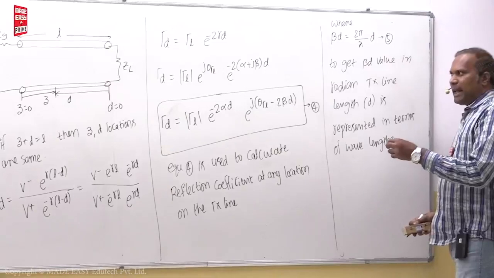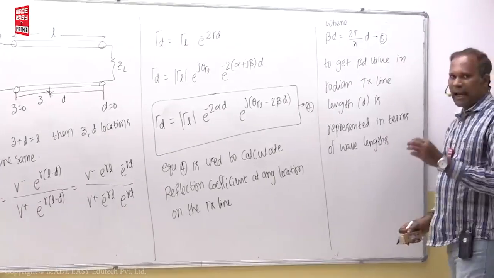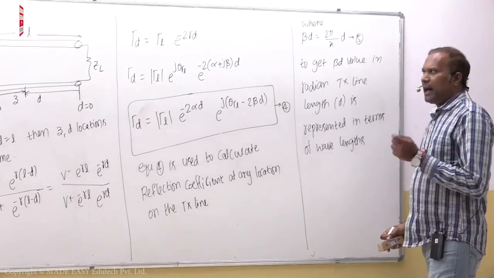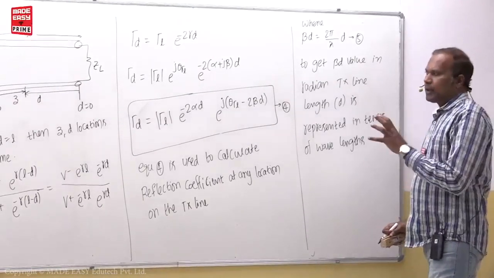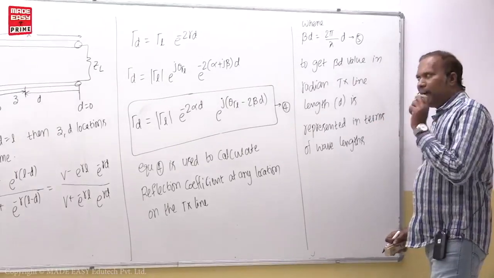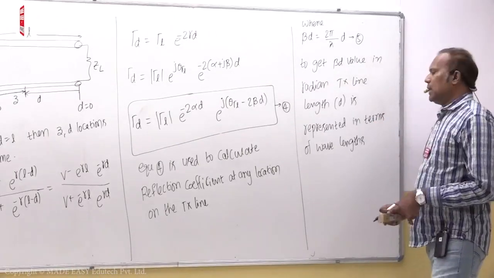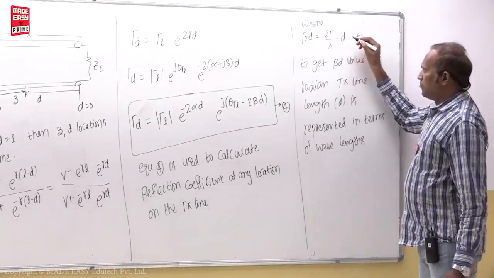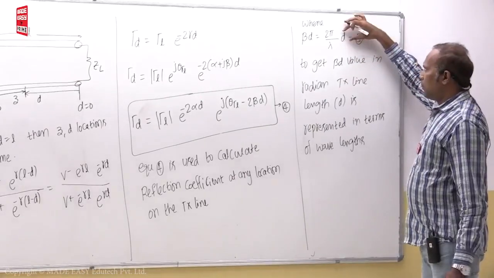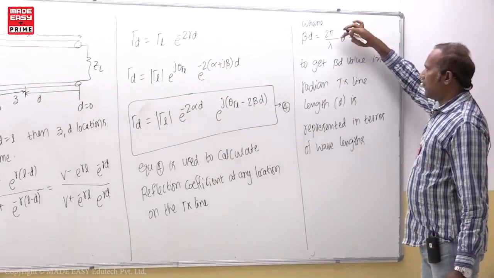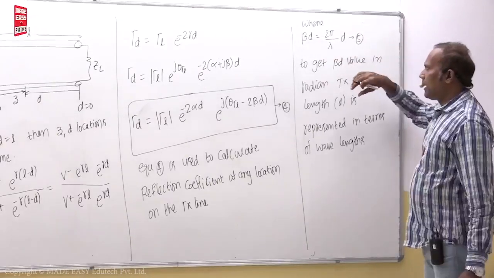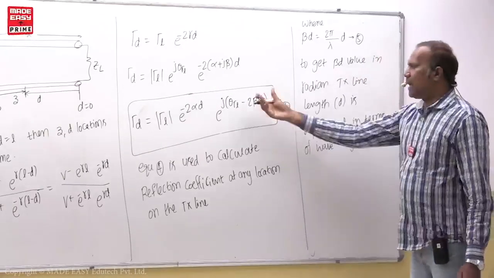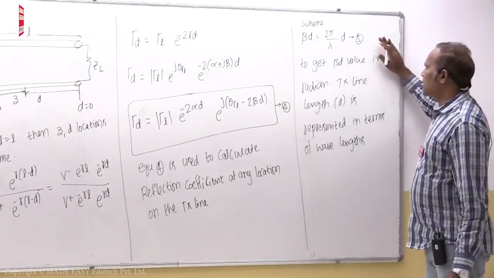Even though the transmission line length is not given in terms of wavelength, like lambda by 2 length or lambda by 8 length, they give the length of the transmission line and the frequency, and from that you can find the length in terms of wavelength. I will explain that while solving the questions. So if you know the distance in terms of wavelengths, for example, a lambda by 2 transmission line, put d equal to lambda by 2, then lambda cancels, you get beta d in radians, then substitute that here, and you will get the angle of the reflection coefficient. So this is the most important point.